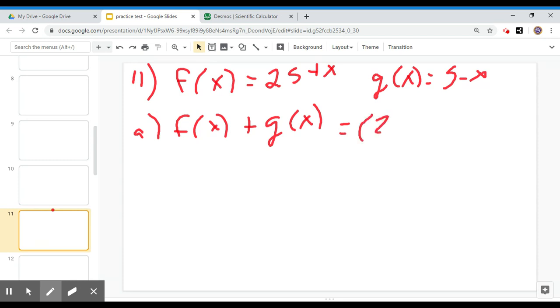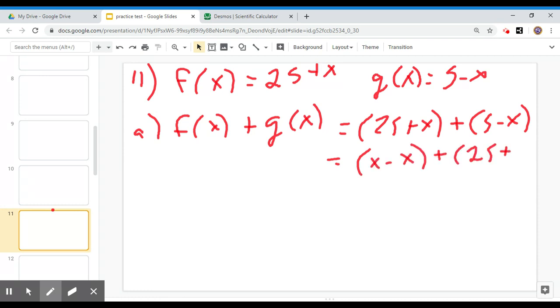So it's going to be 25 plus x plus 5 minus x. I'm going to combine like terms. So let's do the x's first. x minus x plus 25 plus 5 equals x minus x is 0 plus 30. So our answer is just 30.